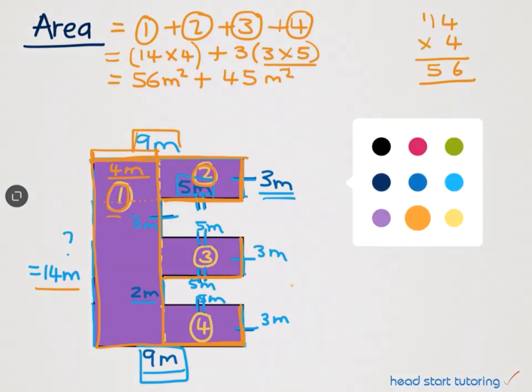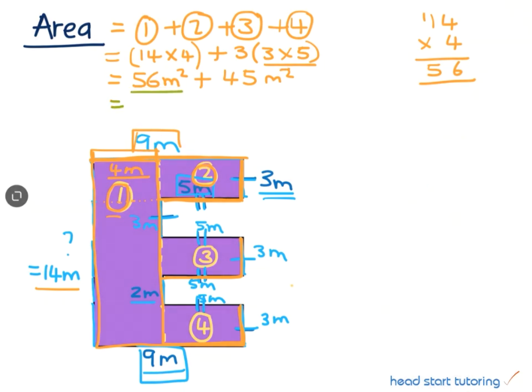So when we add 56 meters squared and 45 meters squared, we end up with an answer of 101 meters squared. Right, so the area of this irregular shape that looks like an E is 101 meters squared.